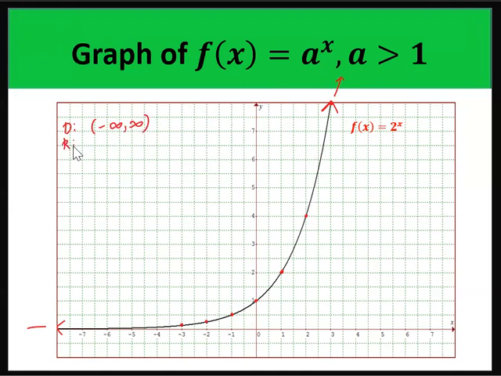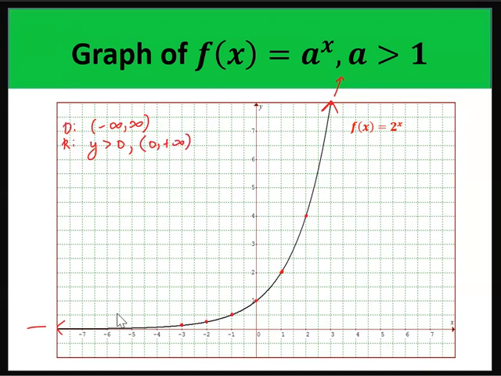Now for the range of this function, if we substitute any value of x, whether it be negative, 0, or positive, the value of f of x or y would always be positive. As you can see from our illustration, the graph lies above the x-axis, which means that y is greater than 0, or it is the interval from 0 up to infinity.